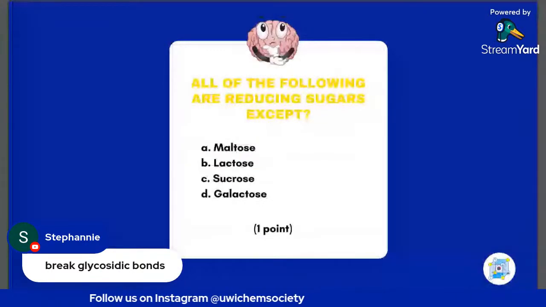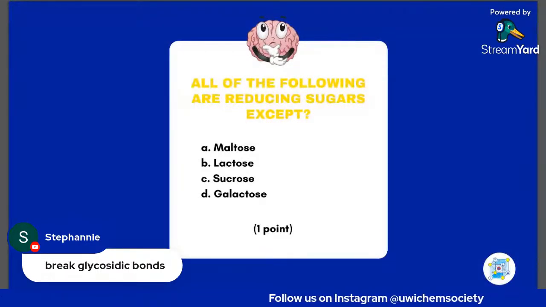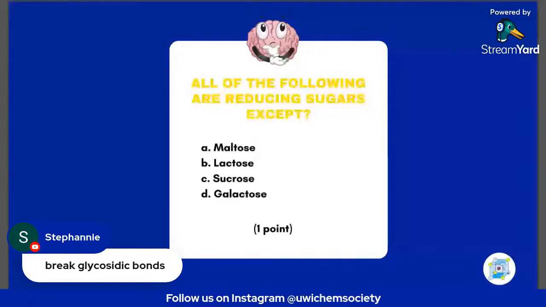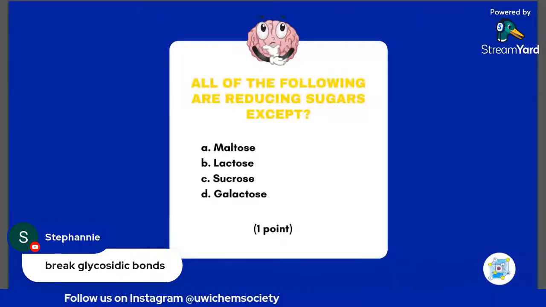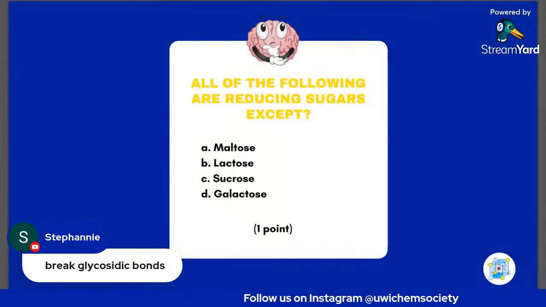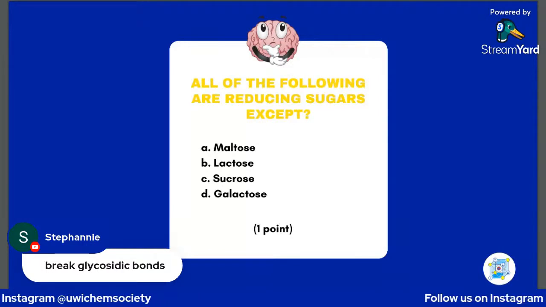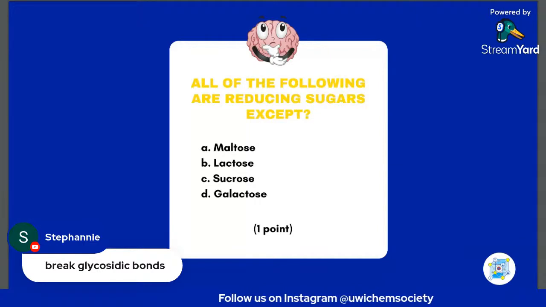So our question is, all of the following are reducing sugars except, let's see, I'm seeing some answers. The first correct person I see is Mikkel.